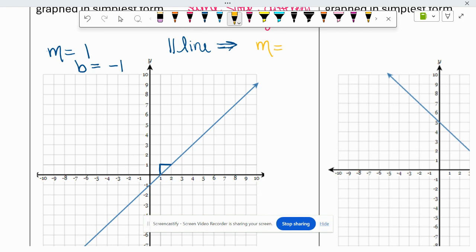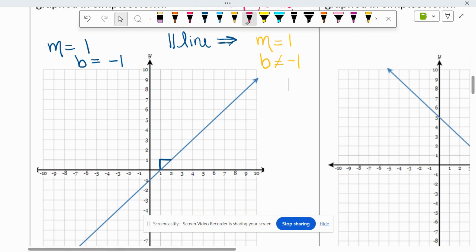M equals 1. What y-intercept can it be? Any number that's not equal to negative 1, right? Yeah, just b can't equal negative 1. That's the only specification. So I'm going to just start at 6. I'm going to go up 1, right 1. You guys can use whatever y-intercept you want.